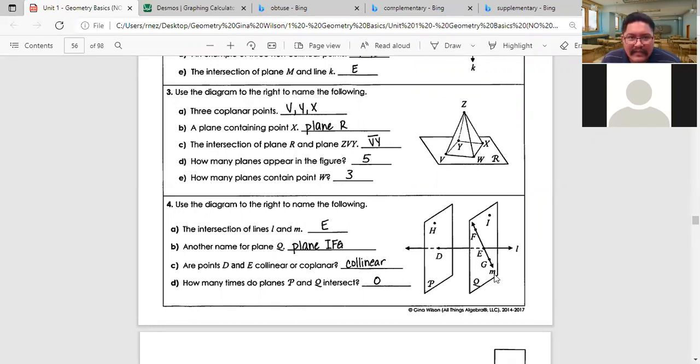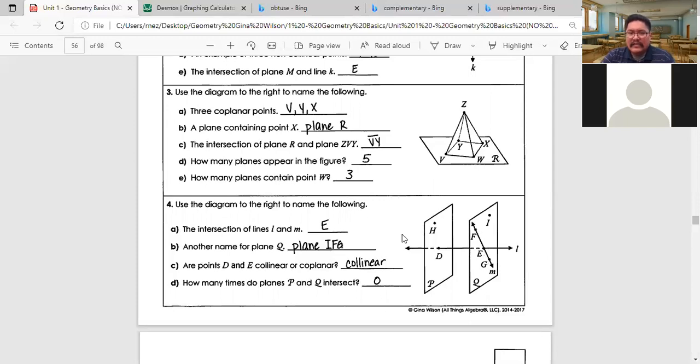If you can imagine, in my classroom there's a whiteboard behind me, and then there's a whiteboard in front of me. If they were really big, like infinite size big, because they're parallel, they would never intersect with each other. So that's what I'm guessing is going on here. But anyway, back to the question. Lines L and M intersect here at E.